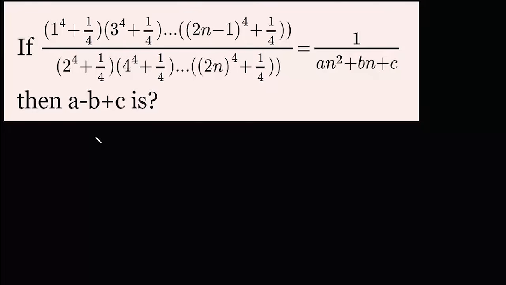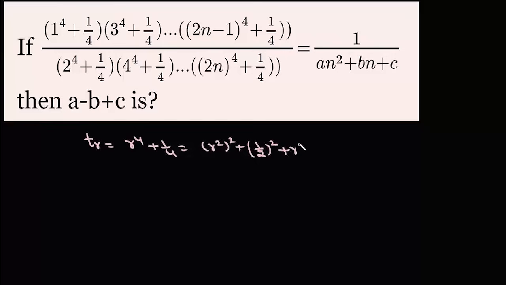In order to solve this question, we'll simplify one of the terms and let the term be tr, and it will be r to the power 4 plus 1 by 4, which we can write as (r square) whole square plus (1 by 2) square. Now we'll make it a perfect square. In order to make it a perfect square, we'll add 2ab and we'll subtract 2ab.